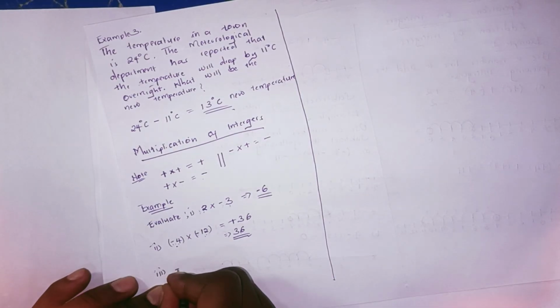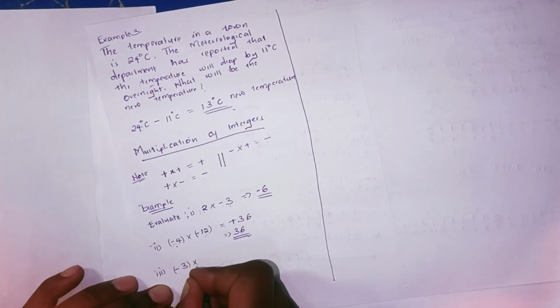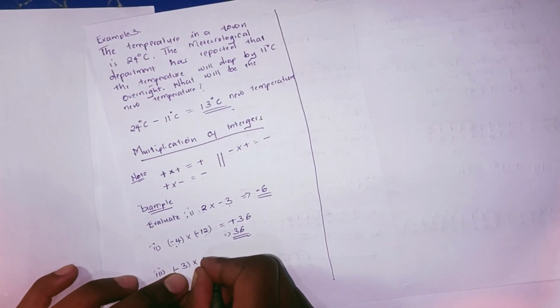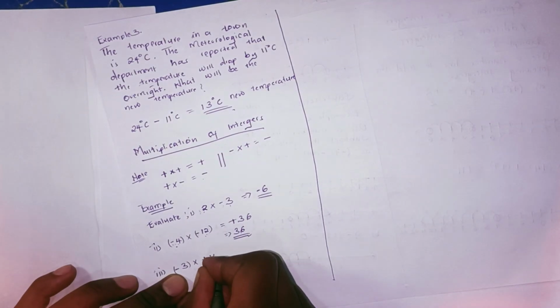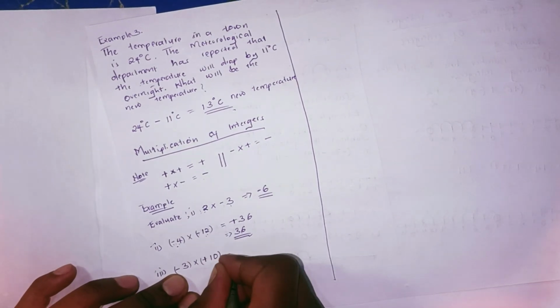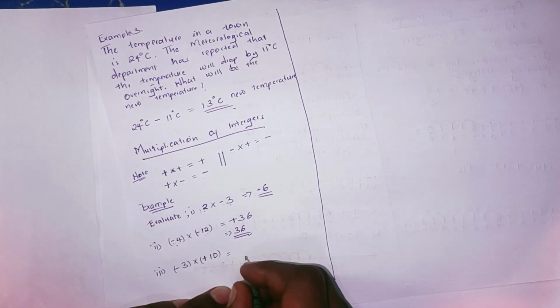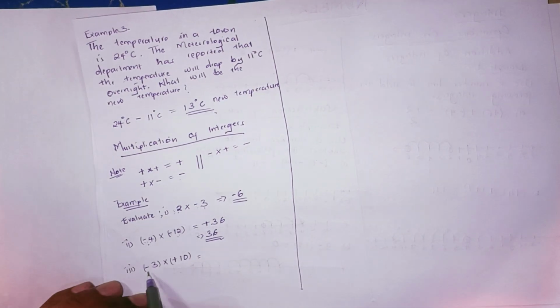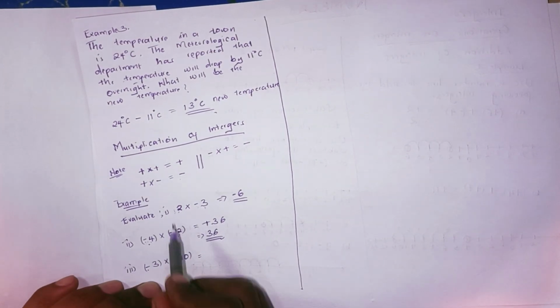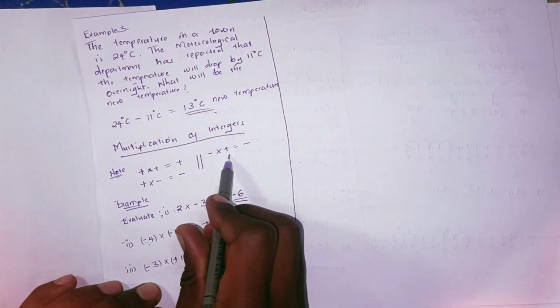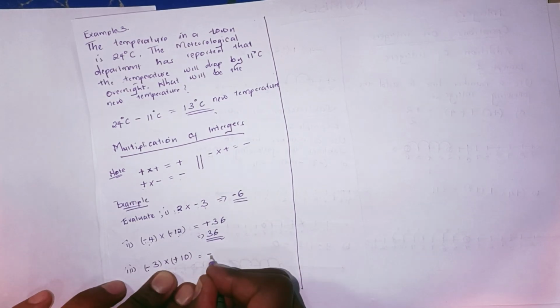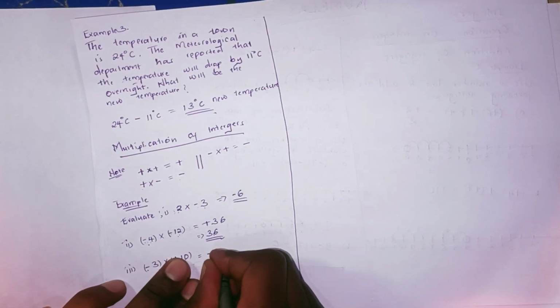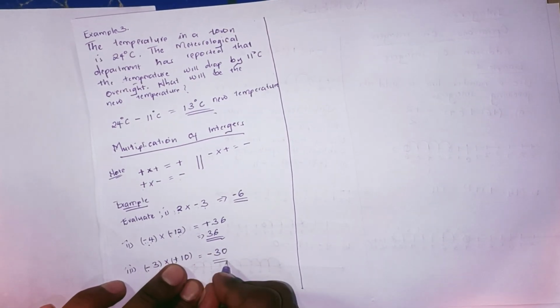So negative 3 times positive 10. What is the solution here? I ask myself, negative times positive. Negative times positive is negative. I write negative. 3 times 10 is 30. The answer is -30.